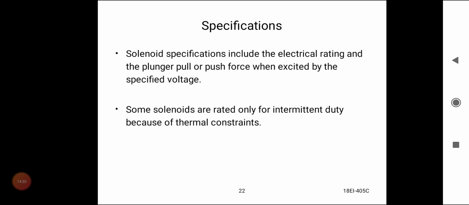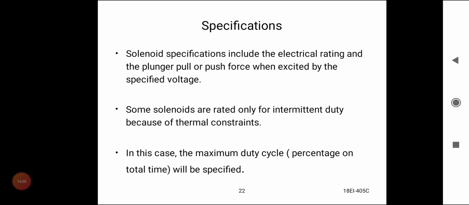Some solenoids are rated only for intermittent duty because of thermal constraints. In that case, the maximum duty cycle, as a percentage of total time, will be specified.